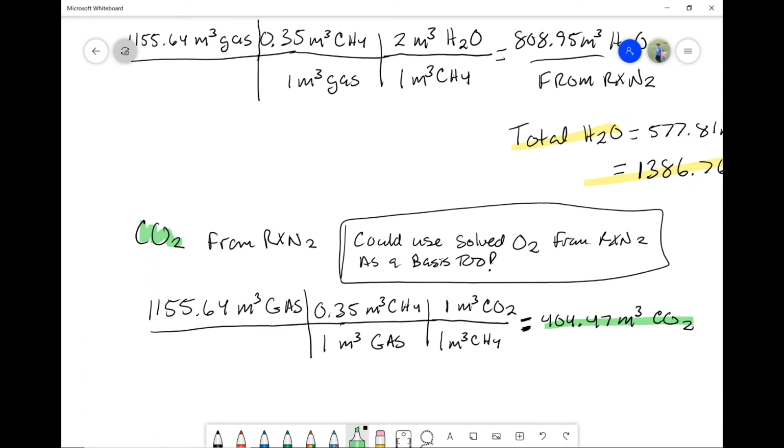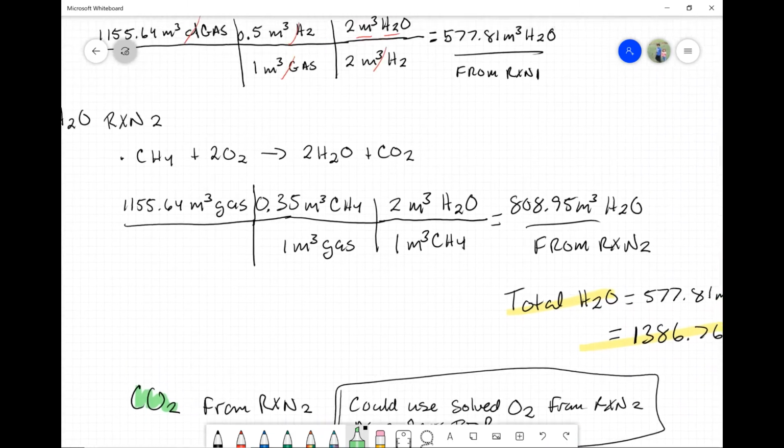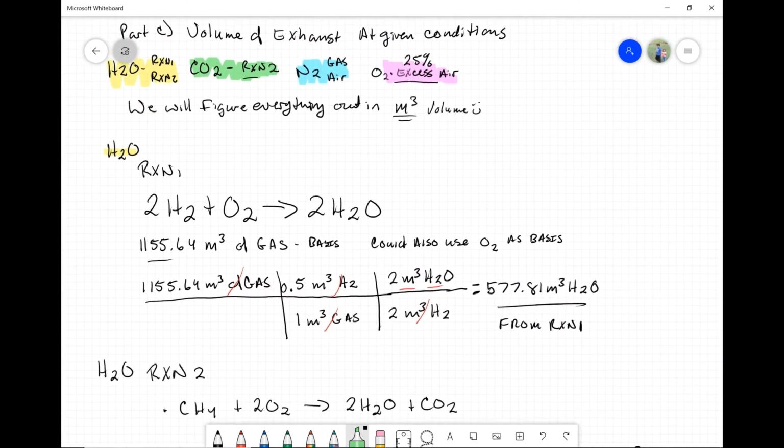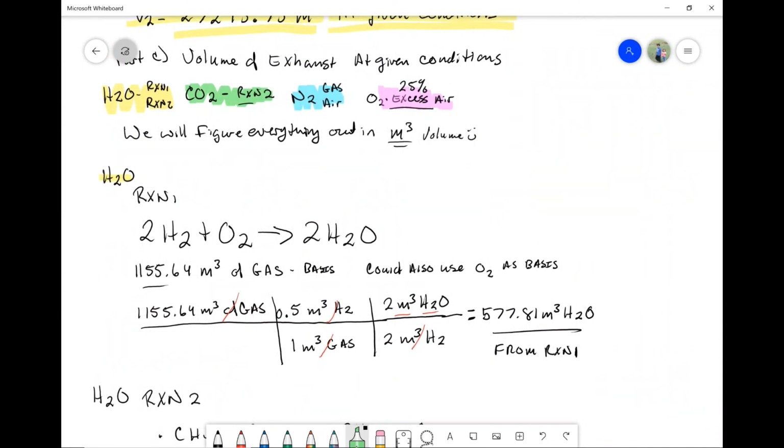So now the repetitiveness part of this problem kind of ends, because we already figured out everything that had come from our reactions, here and here. Now we need to find N2.